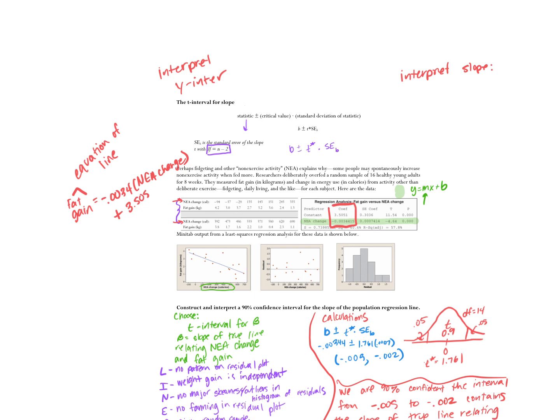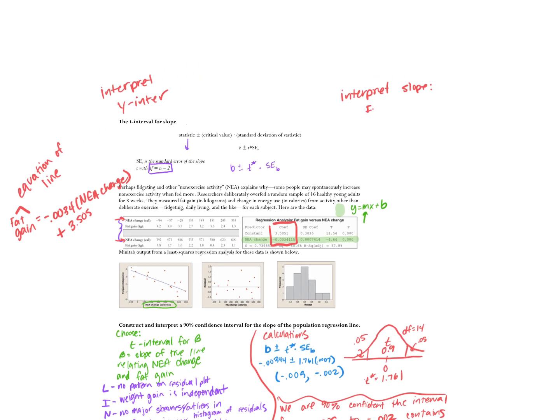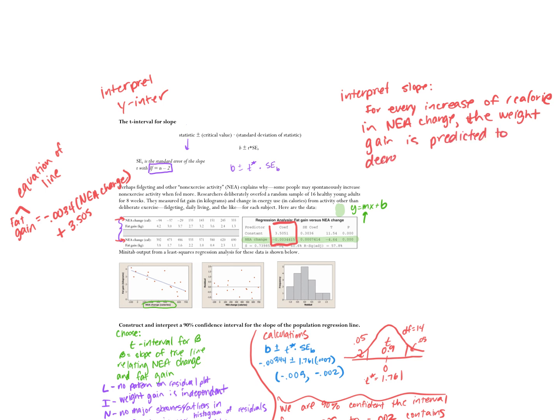Interpreting our slope: for every increase of 1 calorie in NEA change, the weight gain is predicted to decrease by 0.0034 kilograms.